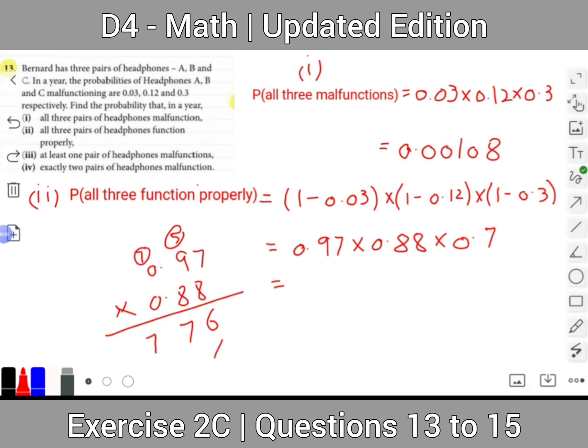Multiplied by 8 sevens are 56, sorry, we have 5. Again we have 77, and here we have 7. Again we have 7. So here we have 0.8536.